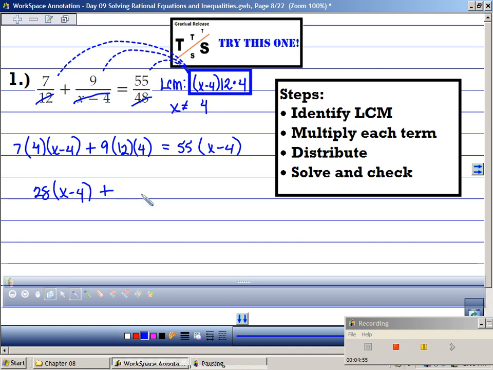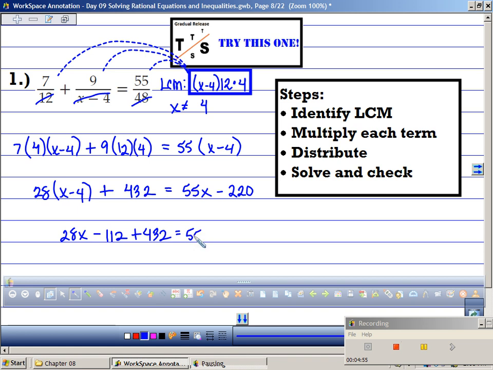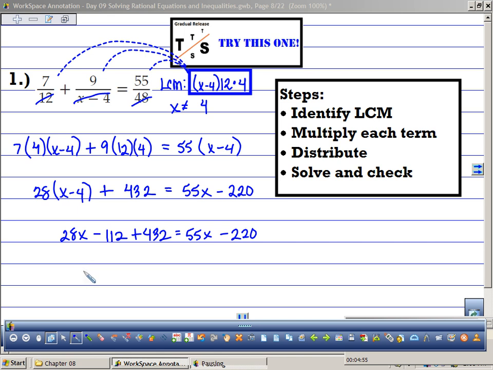Nine and 12 and 432. These combined together is 320.